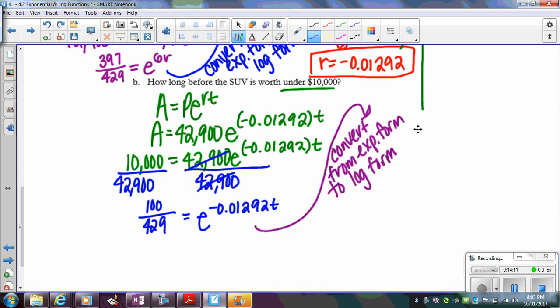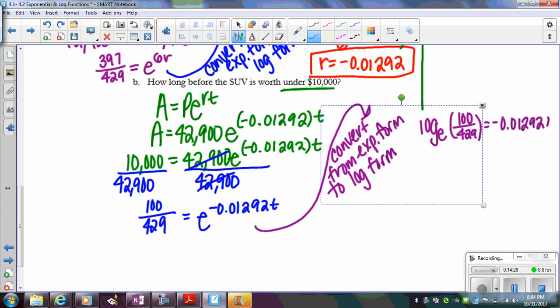That means I'm going to have log base E of the 100 over 429 equaling the exponent. And this is the same thing as saying the natural log, without the base E, because that is the log base E. Then we can get T by itself by just dividing by this entire decimal.